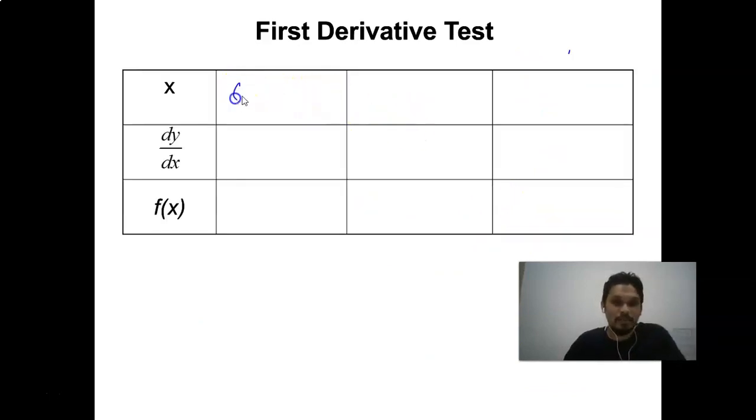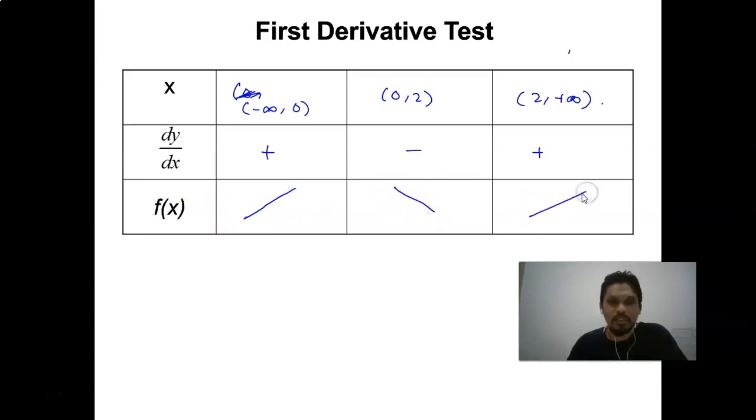This is from negative infinity until 0, from 0 until 2, and 2 to positive infinity. The signs are positive, negative, and positive. And then f of x goes increasing, decreasing, and increasing.